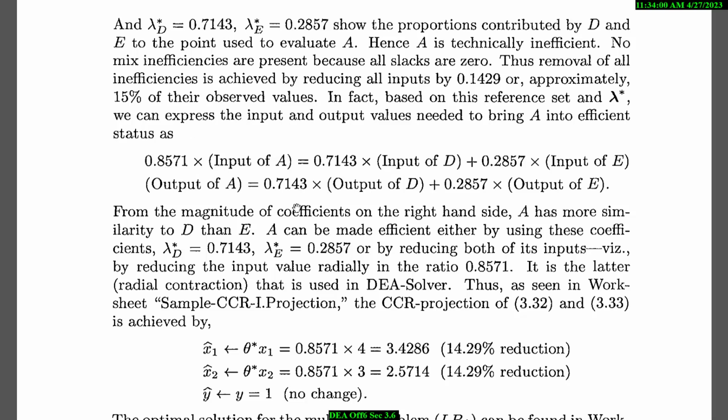Indeed, by using the optimal solution, that is theta star, the inputs of A can be determined by this multiplied by the input of D. This is lambda star D, and lambda star E multiplied by the input of E, and the output of A is also obtained by these optimal values. Note that for the other DMUs, the proportions are zero.